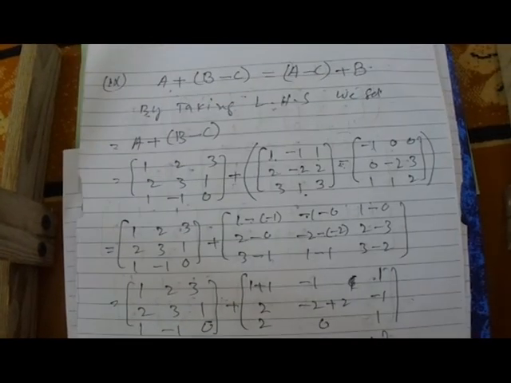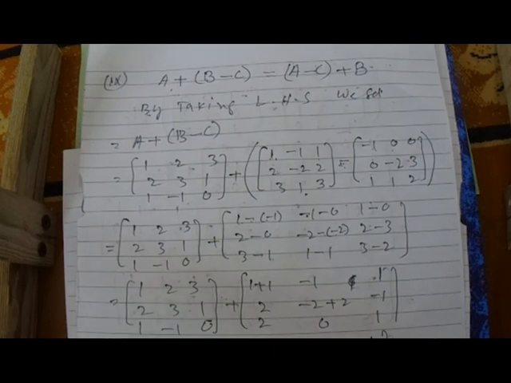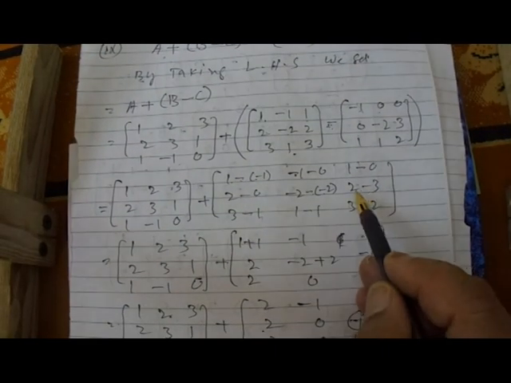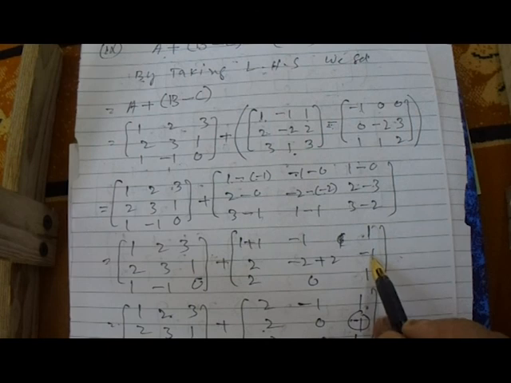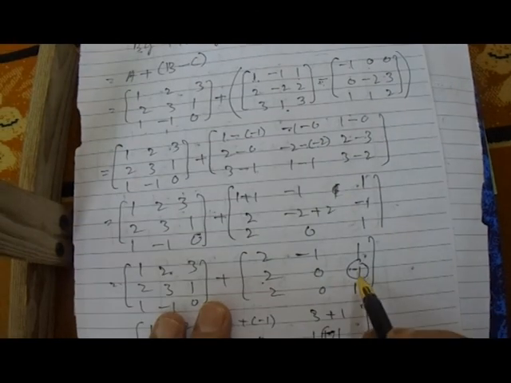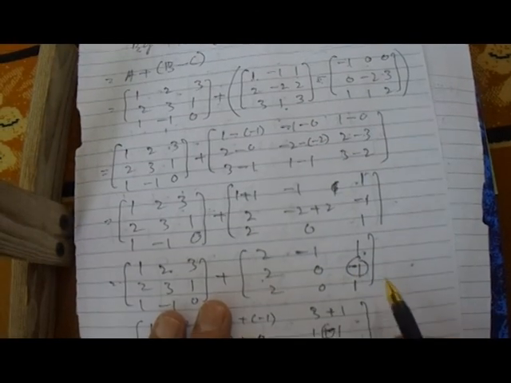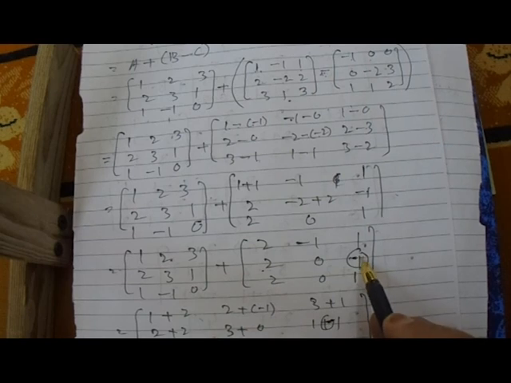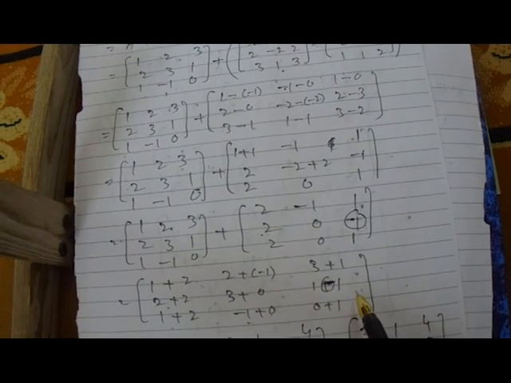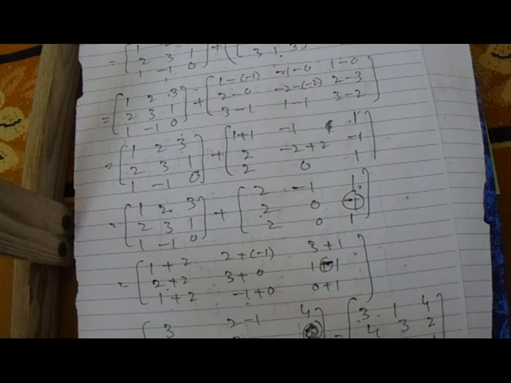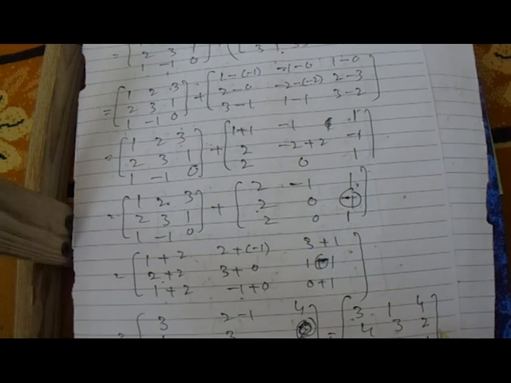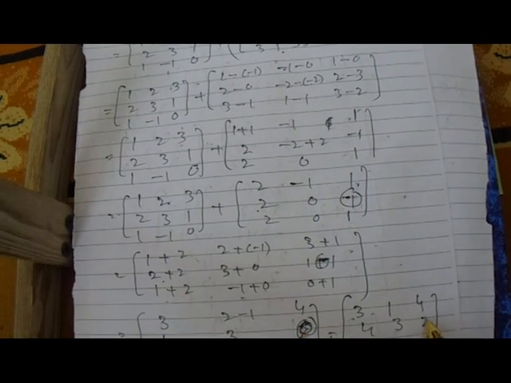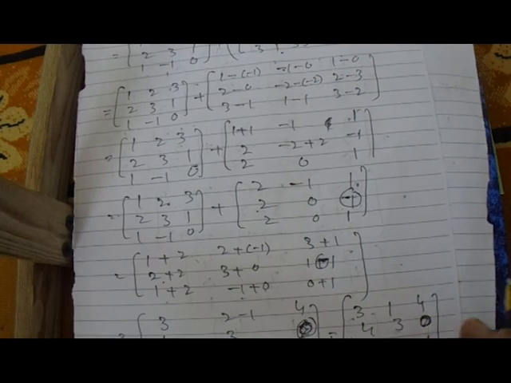Before this I have a mistake here. This is 2 minus 3, this is minus 1 and this is also 1. We take plus 1. Now this one minus 1, this minus 1 and here 0. Now 0 plus 0, here also 0. This also 0.